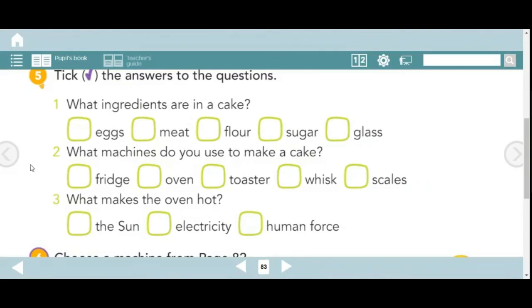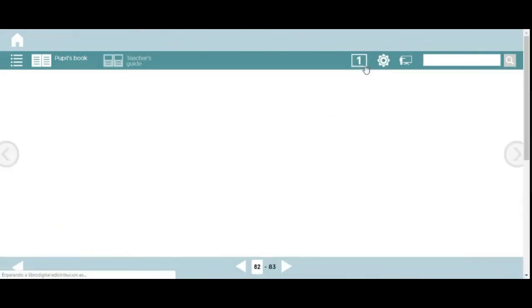Question 2. What machines do you use to make a cake? Do you need the fridge? Do you need an oven? Do you need a toaster? Do you need a whisk? Do you need scales? Okay, I will tell you. If you cannot remember what those objects are, go to the previous page, go to page 82 and you will see them.